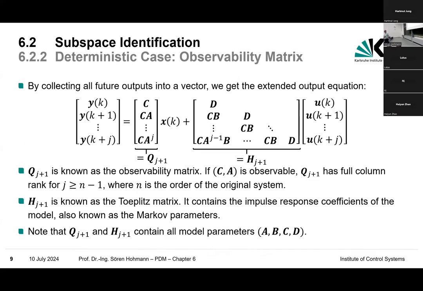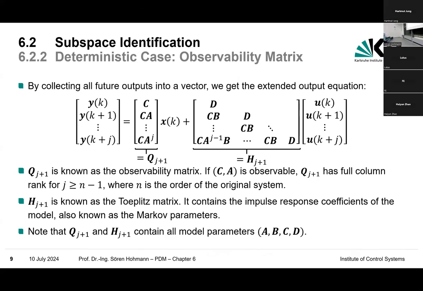And this is a typical setting. We do not know the order of the system. So N is not given. Here are our problems. No N, no X, but Y and U given. That's the setting.